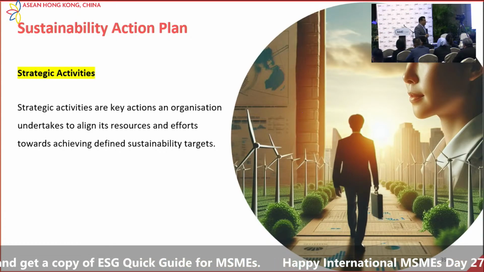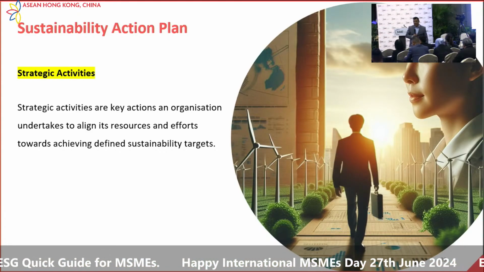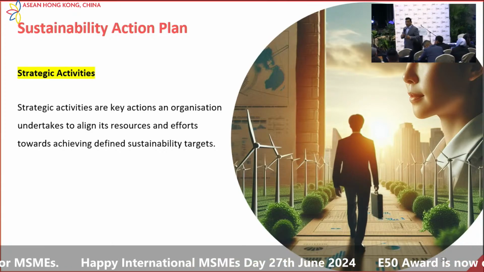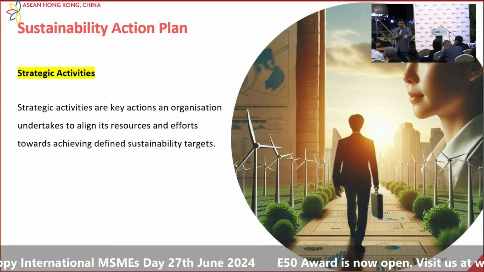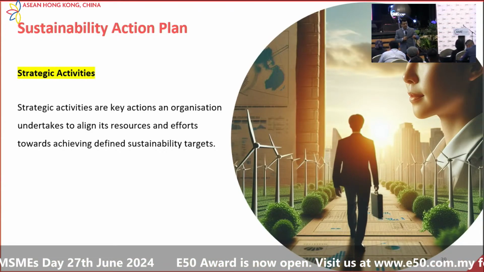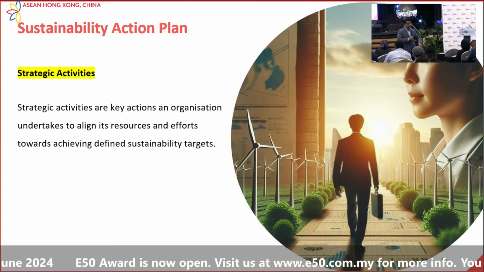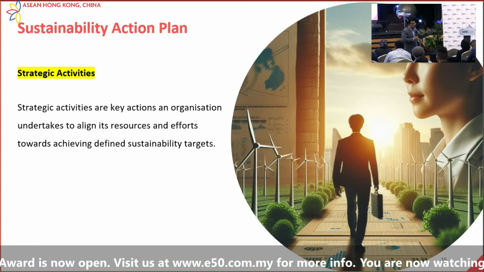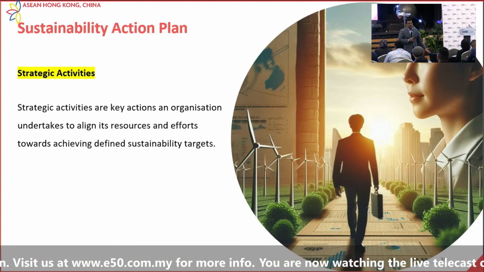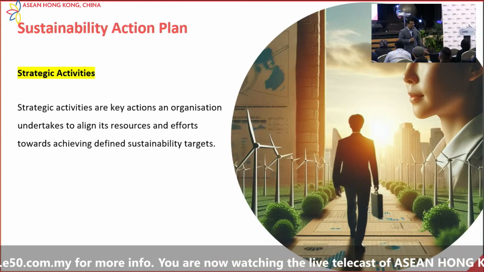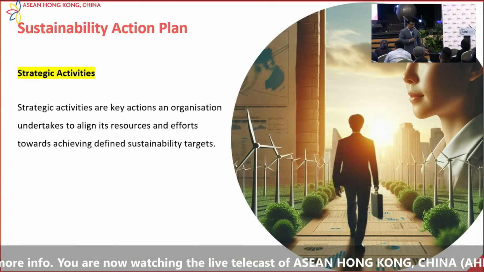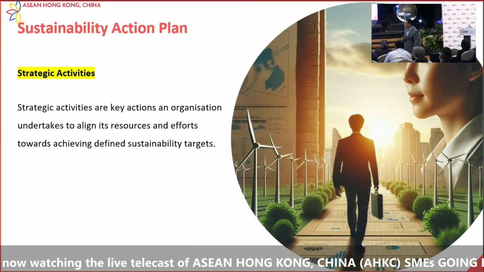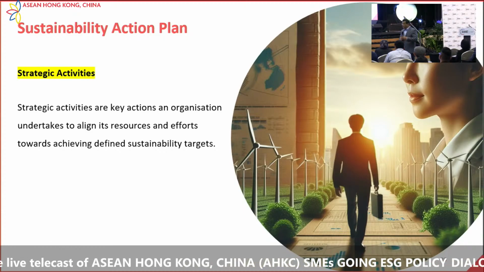All right? So, strategic activities, guys. Meaning, you need to identify the organizational activities. Basically, in simple language, what is it that you need to do as a business to be able to reach those goals? Makes sense? Strategic activities are just key actions. Next, please.